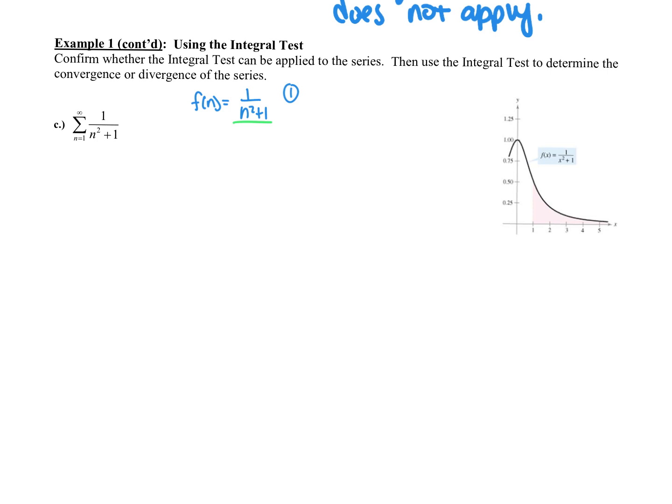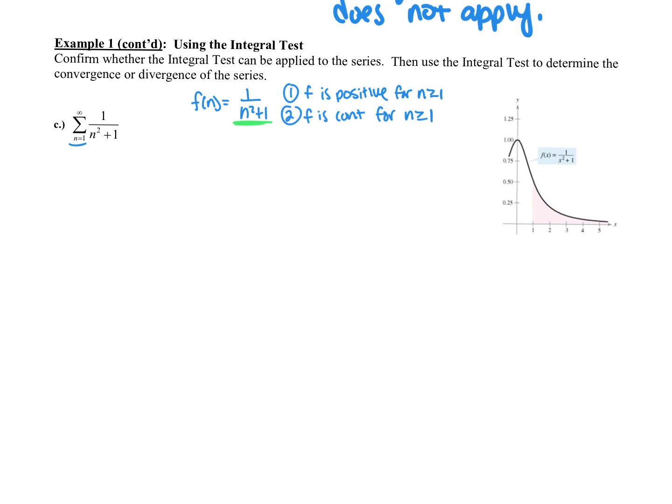Top is just 1, so f is definitely positive. We're looking at n greater than or equal to 1. It's going to be continuous as well because there are no discontinuities there. That denominator will never be 0, so f is continuous for n greater than or equal to 1.